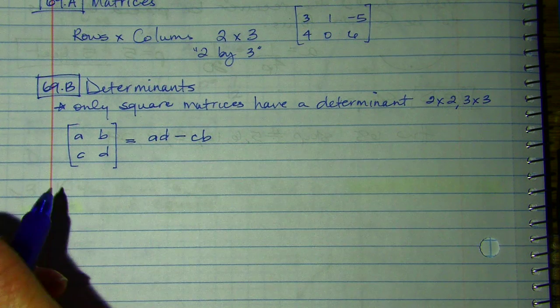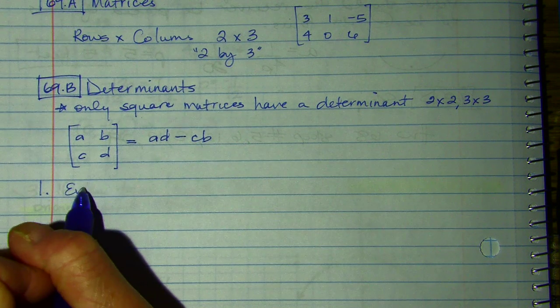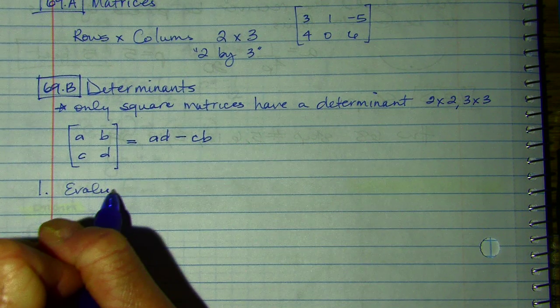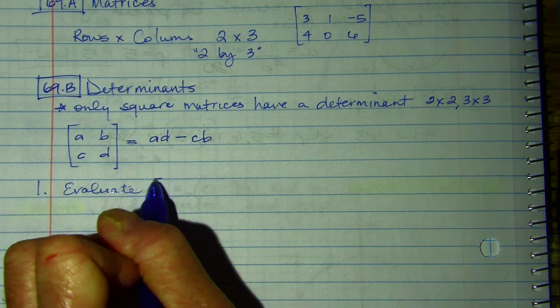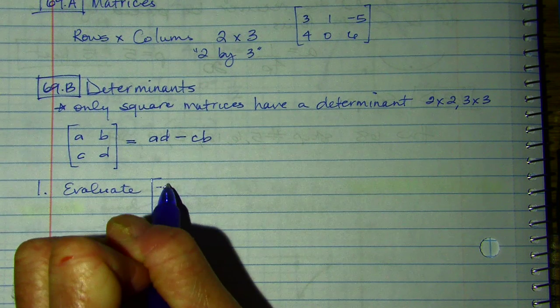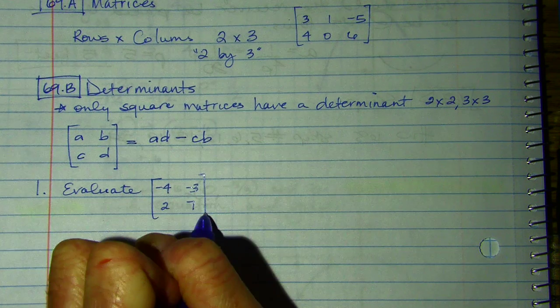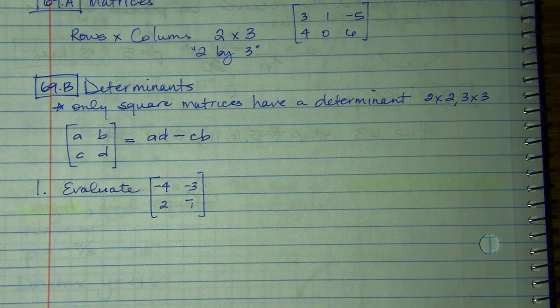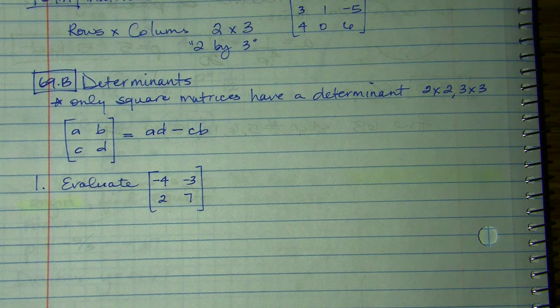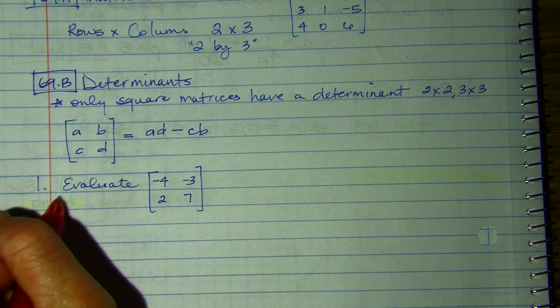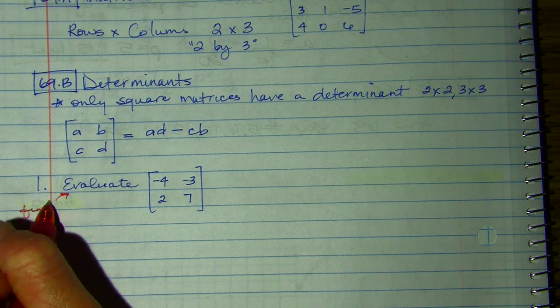But just to review with you, we are going to evaluate the following. When they ask us to evaluate a matrix, they're asking for the determinant. So when you see the word evaluate, that means find the determinant.